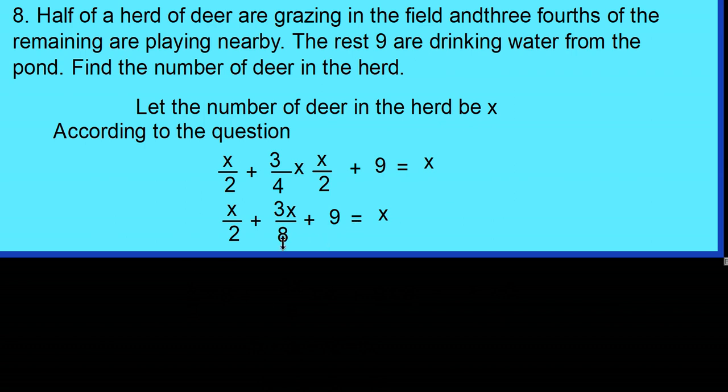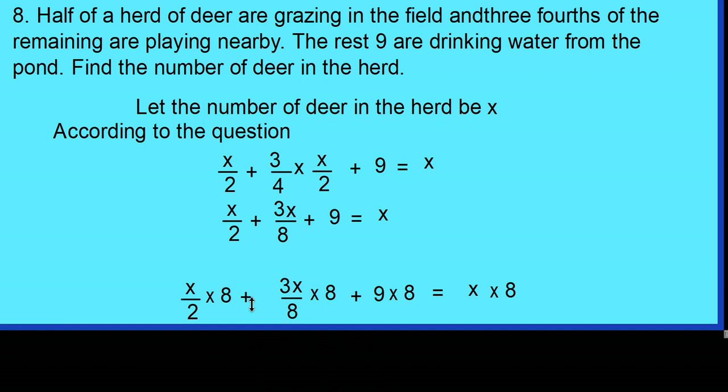Now how to solve this one? Here the denominators are 2 and 8. Take the LCM of 2 and 8. Yes, it is 8. So multiply each term on the LHS and RHS by 8. That is, x by 2 into 8 plus 3x by 8 into 8 plus 9 into 8 is equal to x into 8.